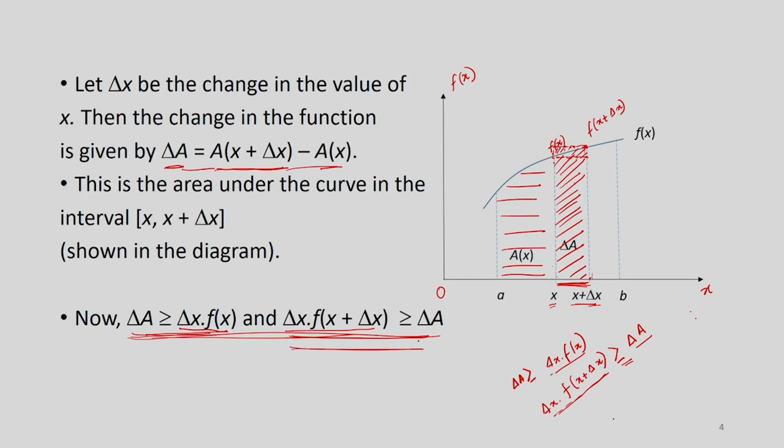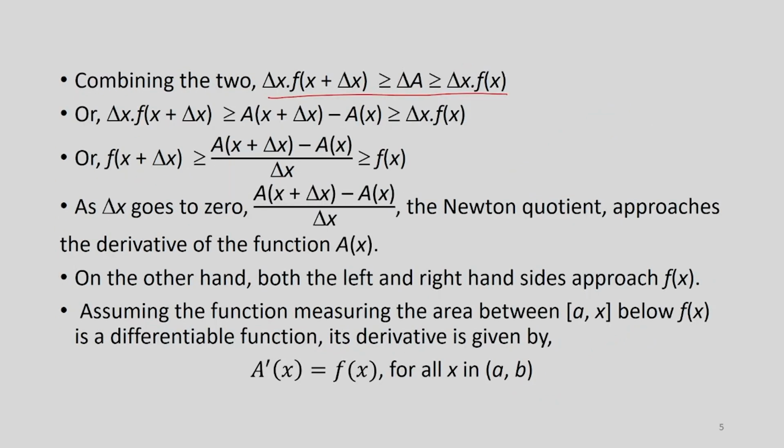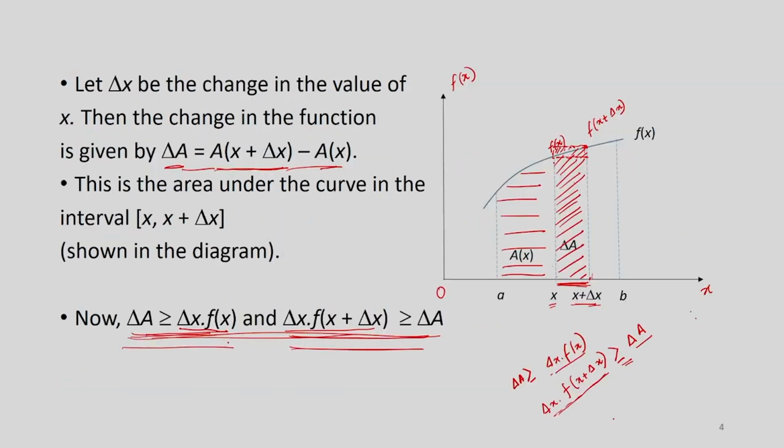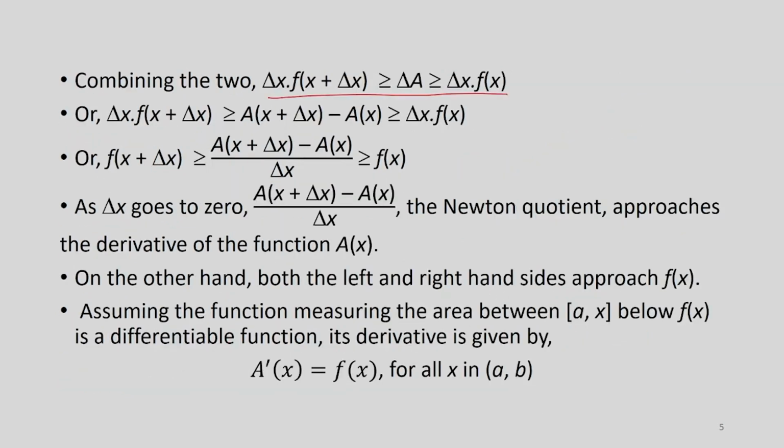It is coming from here, and delta A is greater than or equal to delta x multiplied by f(x). That is also coming from here. So, both these things are correct. Therefore, I can write this as a chain. This chain is saying that delta x multiplied by f of x plus delta x is greater than or equal to delta A, which is greater than or equal to delta x multiplied by f(x).